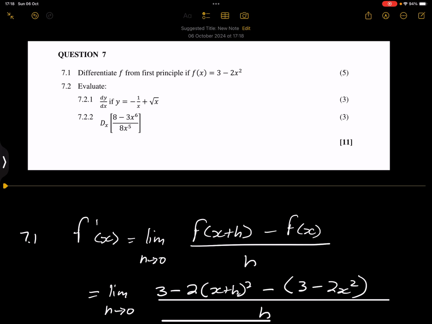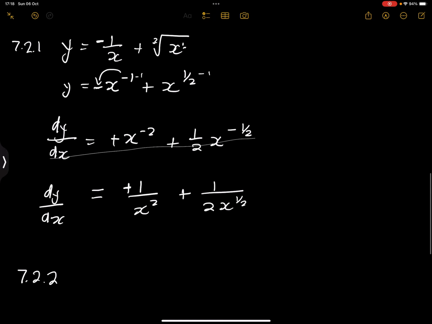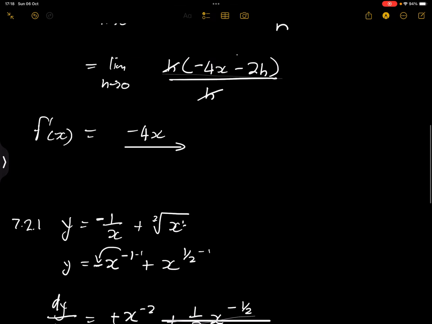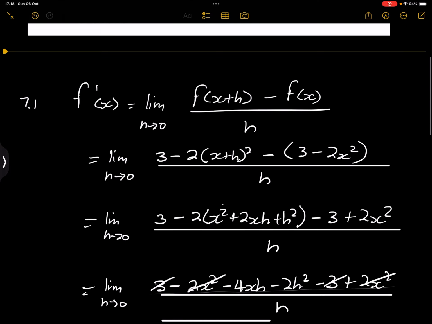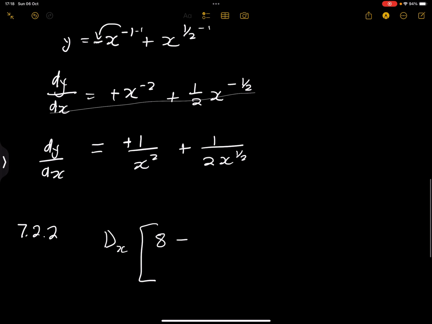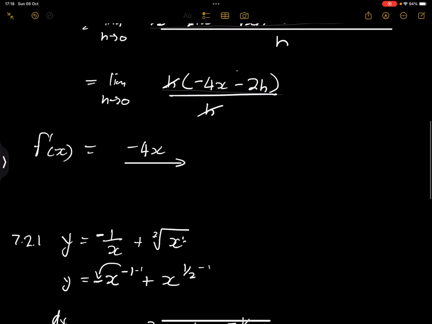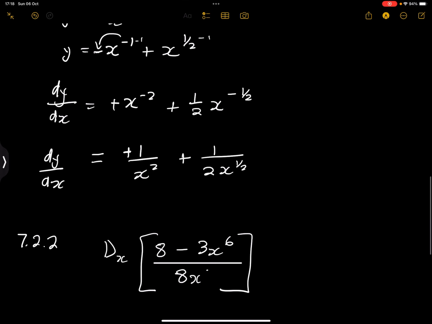So we're finding the derivative with respect to x of 8 minus 3x to the power 6, divided by 8x to the power of 5.